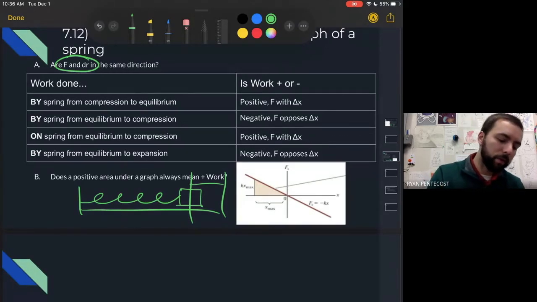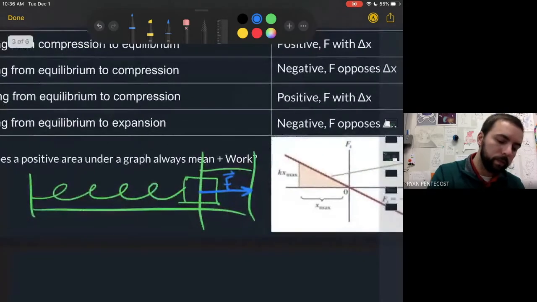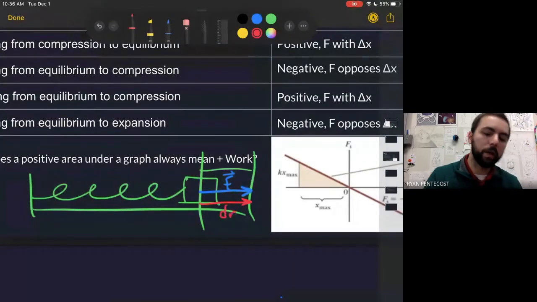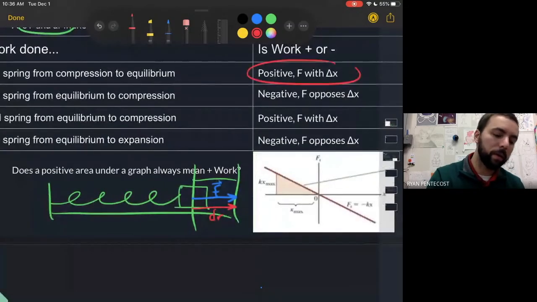So the force is going to want to return to equilibrium, and the dr would also want to return to equilibrium. This is going to give us positive work, right? The force and the displacement agree. That's the rule for work. That gives you positive work. The F is with the delta X.